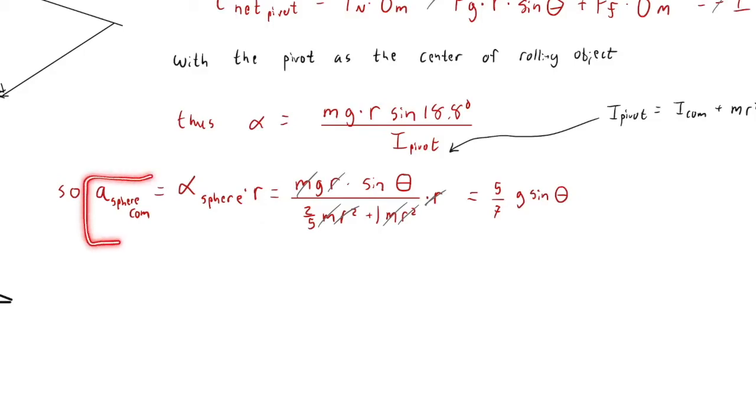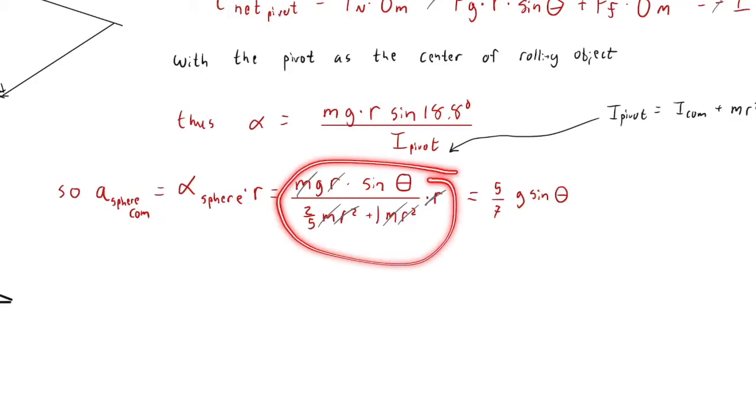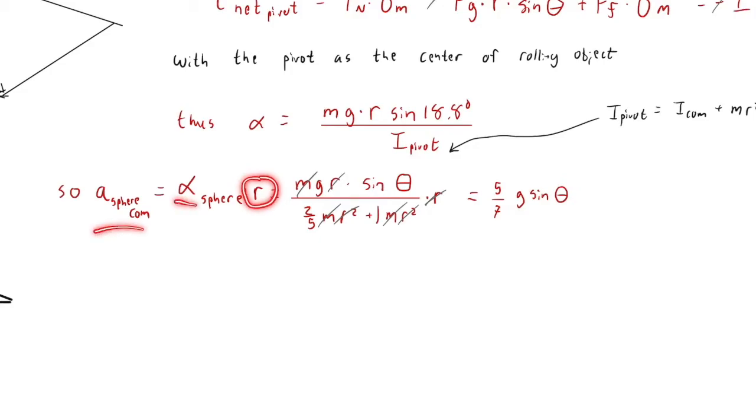So then my translational acceleration of the sphere's center of mass relative to the ground, okay, remember, is this expression right here. Now it simplifies so much because the m's cancel out, the r's completely cancel, right? Because there was an r squared in the numerator and the denominator, okay? Because of the extra r to go from alpha to a. All right, and so then we end up with this expression.